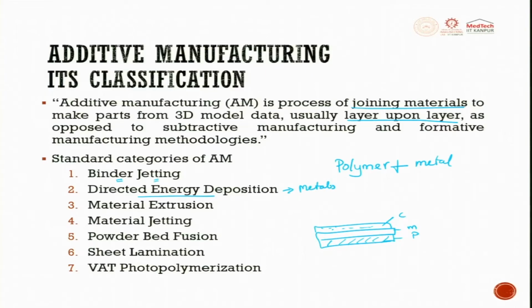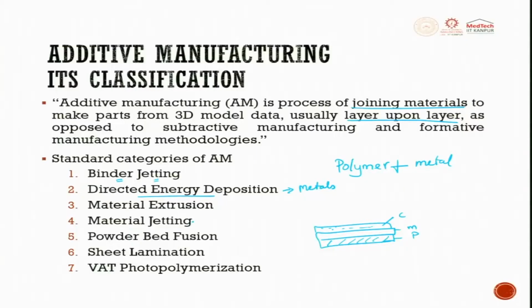Next is material extrusion. Material extrusion is generally used in the form of a wire. This wire is deposited layer by layer and then joined. The material used is predominantly polymer. Today we have polymer blended or mixed with ceramics and metals, which is extruded through the nozzle to produce the output.